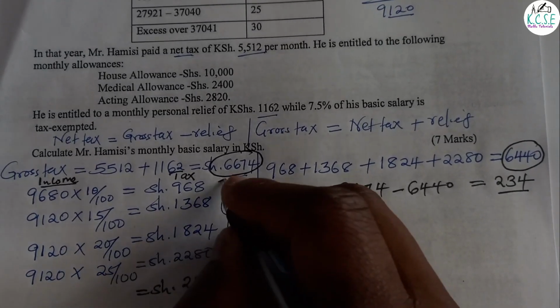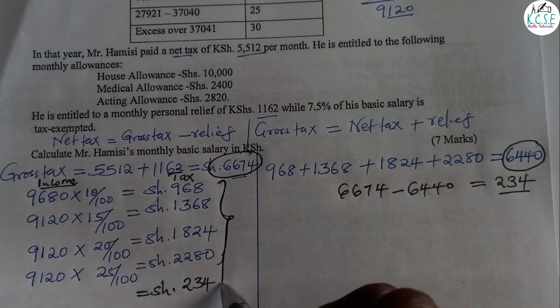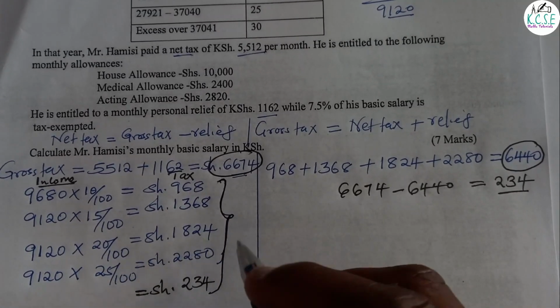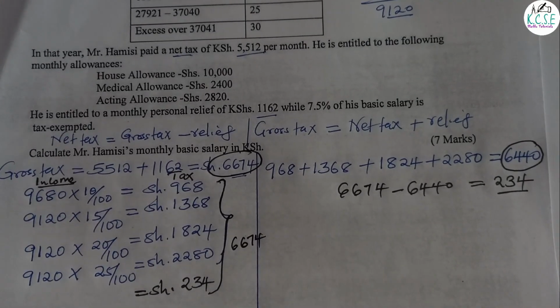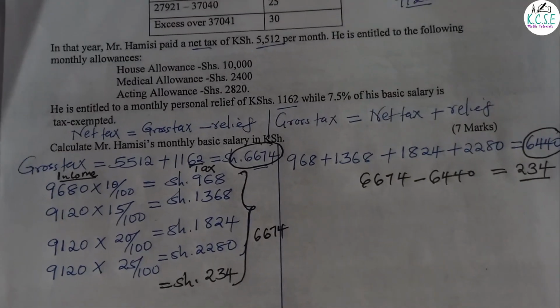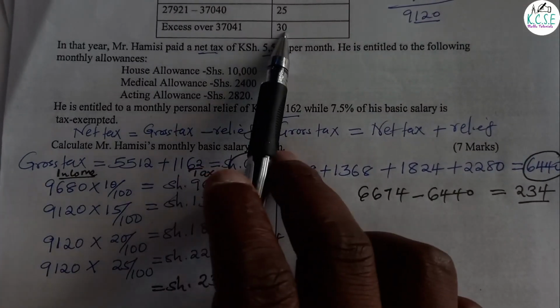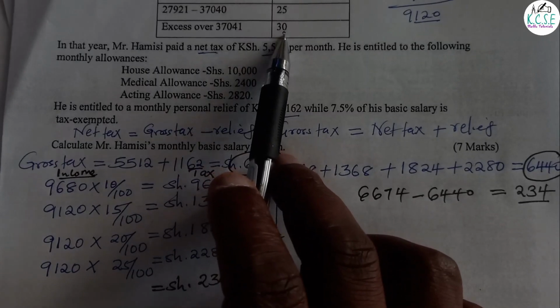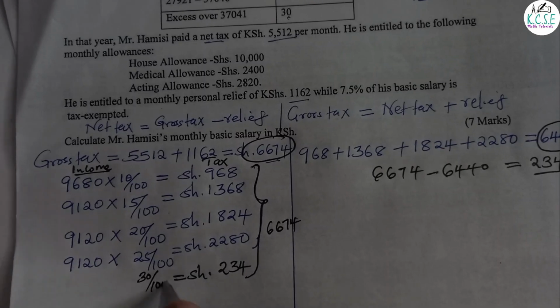Now when you add everything, this whole bracket should give you 66.74. This is the last bracket, and the taxation percentage is 30%.